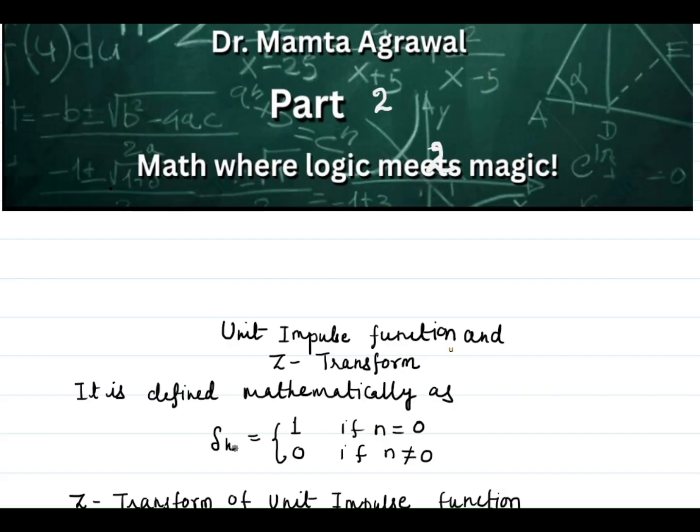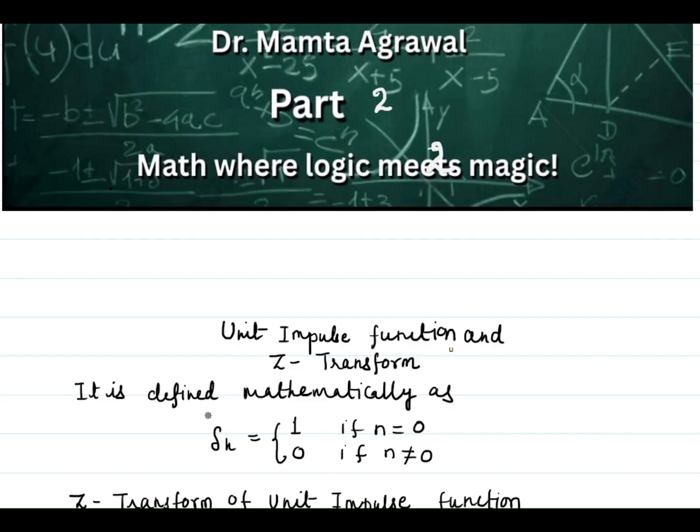So delta n is defined as 1 if the value of n is 0, and if n is not 0 then delta of n equals to 0. So this is the definition of the unit impulse function in the Z transform.